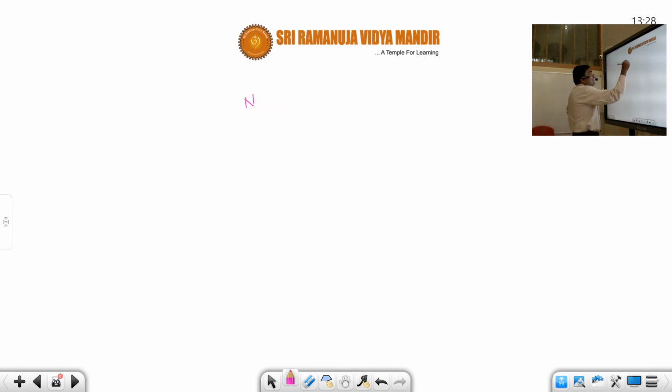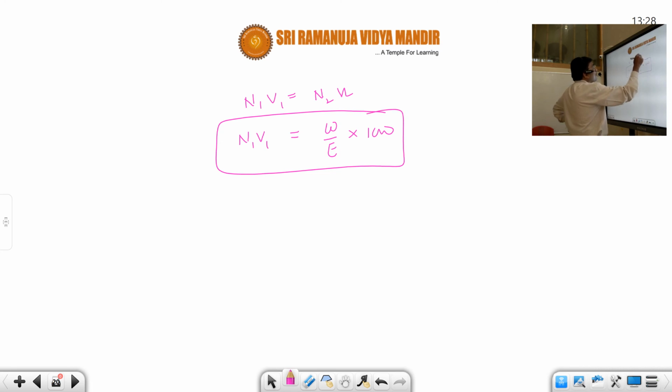Now in some more numericals, how do you solve? For example, N1V1 is equal to N2V2. Sometimes in the exam, N1V1 is equal to, N2 I can write here as W by E into 1000. You can also write like this. Because N2V2 is nothing but W2 by E2 into 1000.